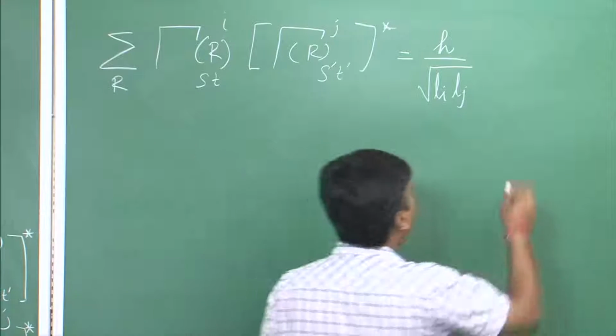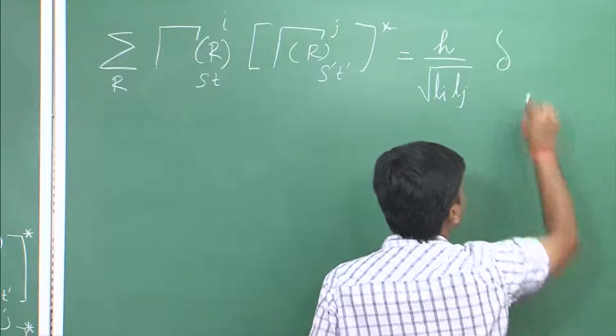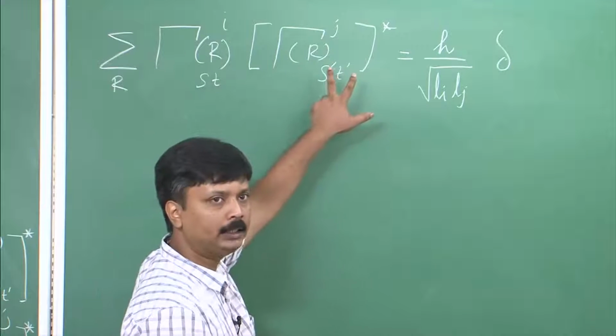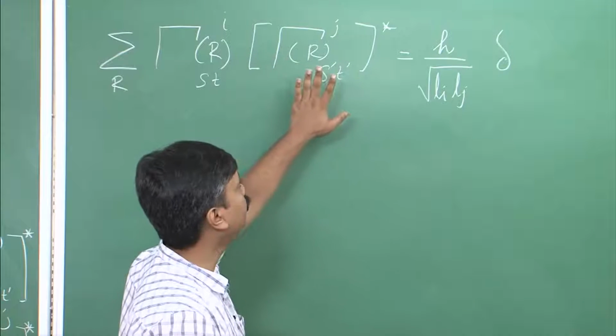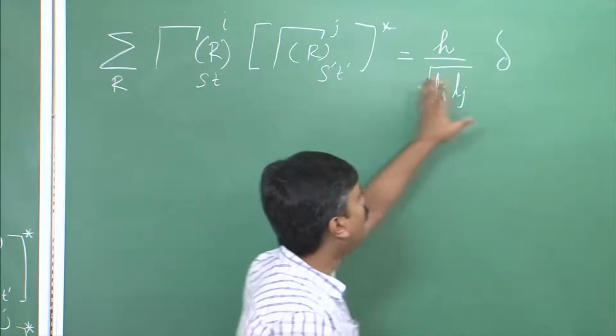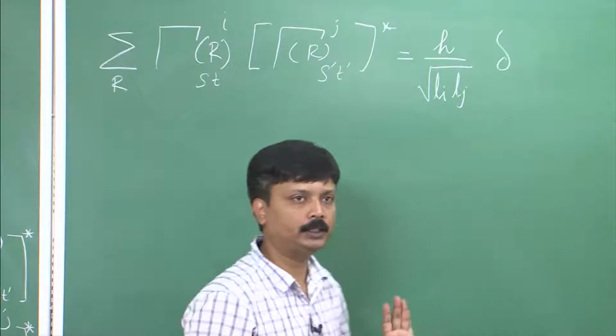And then I will have a series of delta functions. Here we have two different irreducible representations, okay? So the great orthogonality theorem will guide you on how to write the delta functions here.